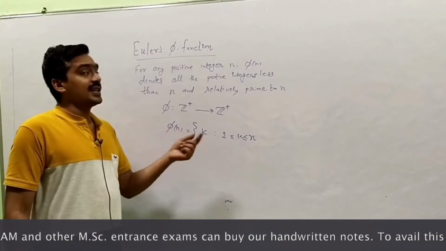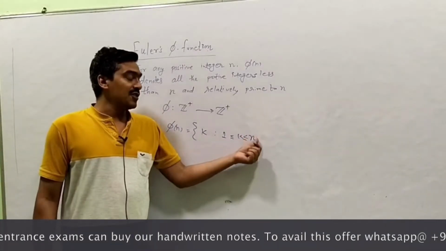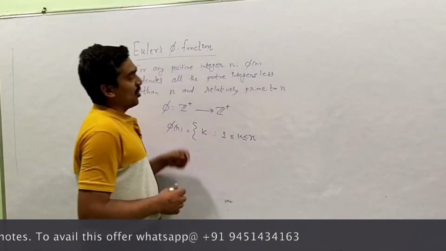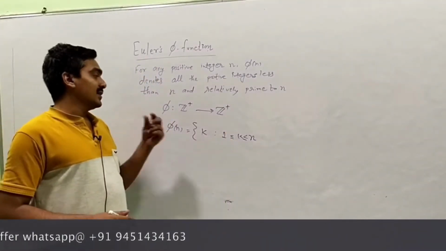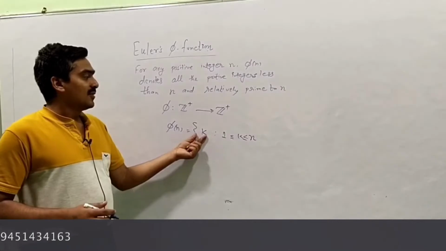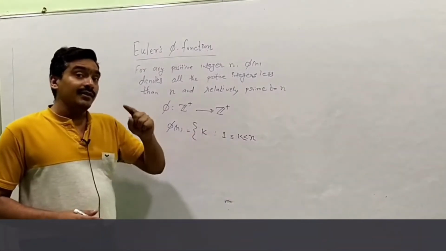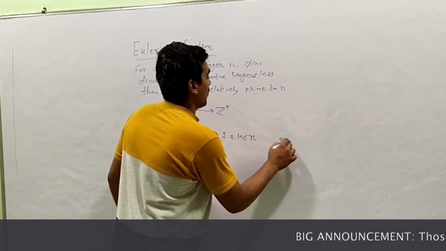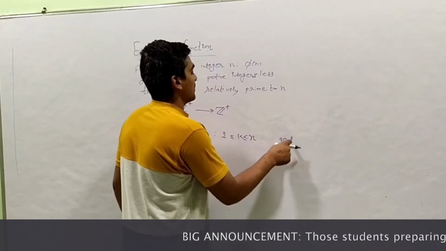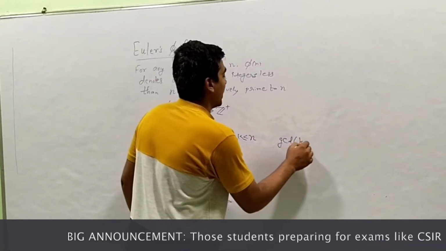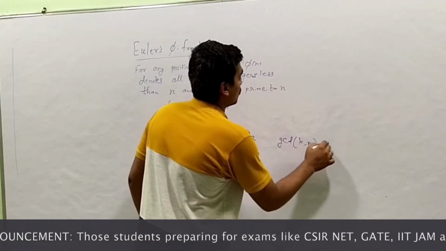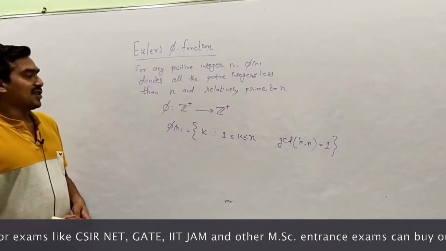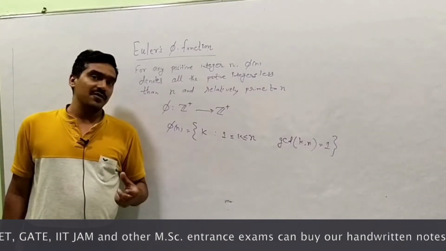Phi n contains only positive integers, and the property is that the integers which are less than n and relatively prime to n, that is, the GCD, greatest common divisor, of k and n should be 1. This is the definition of Euler's phi function.